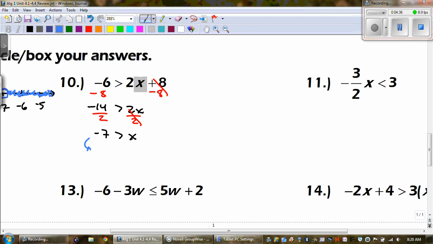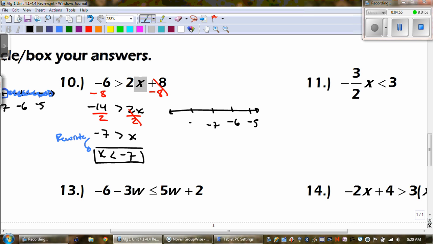And the last thing we need to do is rewrite that because we want the x first. It's pointing at the x, the inequality is, so I'm going to make sure it stays pointing at the x. -6, -5, and then -8, -9. Once again, we're open at -7, and we want everything less than, so we're shading to the left.